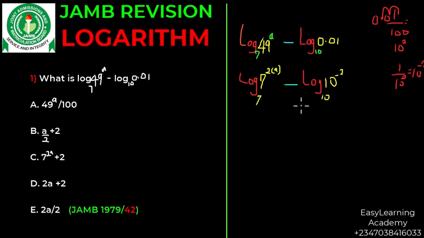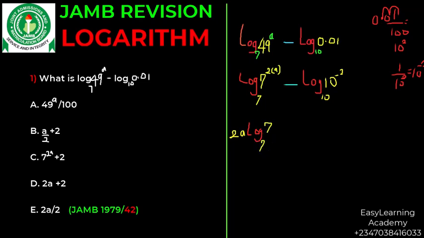All right, now solving this out, from the law of indices, the power will now move to the back of the log. So here it becomes 2a, moved to the back of the log, and what we are left with is log 7 base 7.